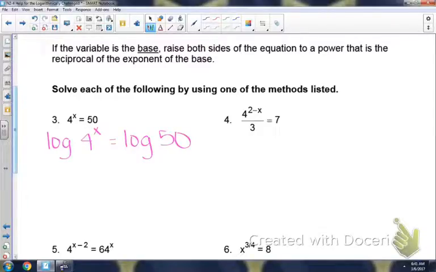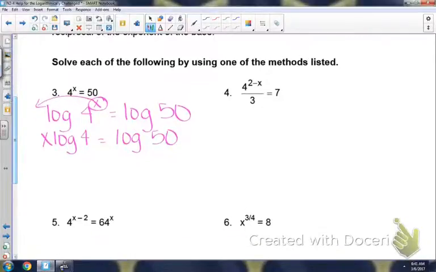So make sure if you take the log of one side, you have to take the log of the other side. The reason I'm taking the log is so that I can bring that exponent in front. So x log of 4 equals log of 50. From here, we're wanting to get x by itself to solve, so I'm going to divide by log of 4.